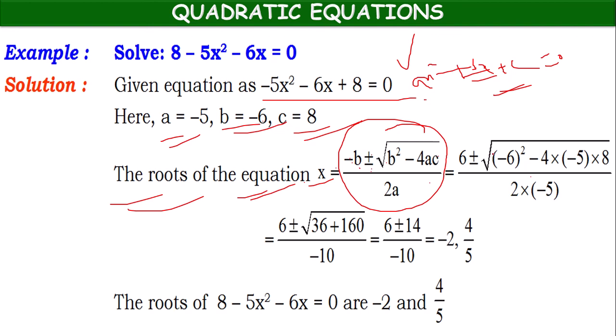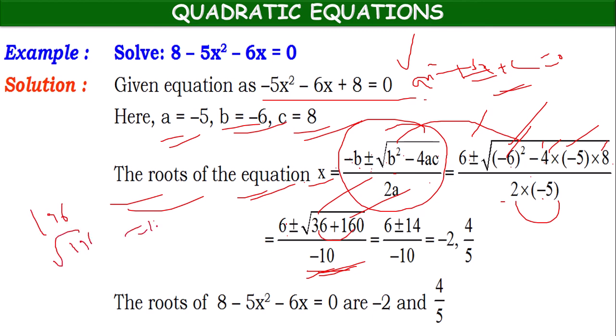Minus b means minus of minus 6, plus 6, plus or minus root of b square, minus 6 whole square 36, minus 4 into a value minus 5, c value 8, by 2 into minus 5. 4 into 5 into 8 is 160, so 36 plus 160 is 196, by 2 into a, 2 into minus 5, minus 10. Root of 196 equals 14.